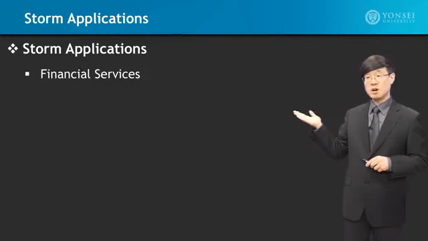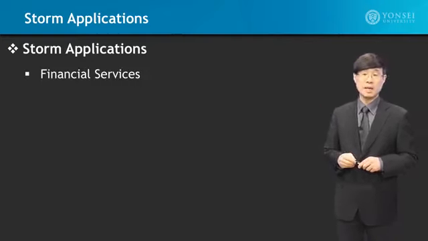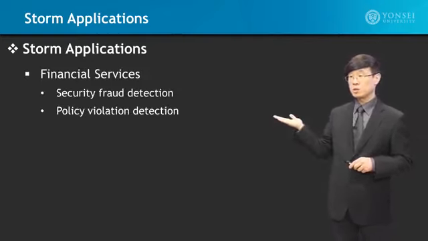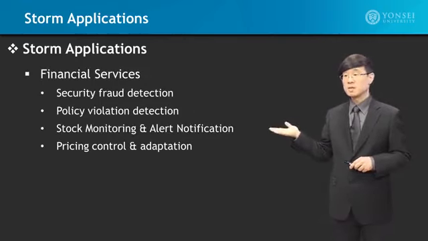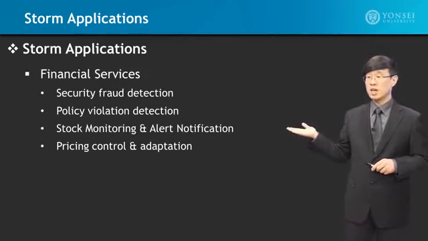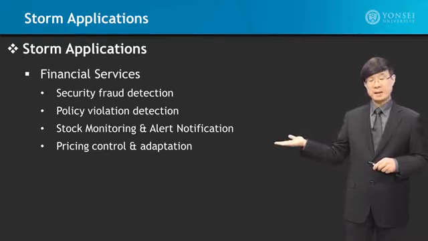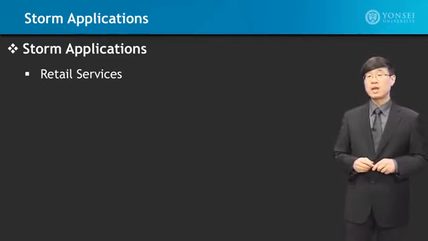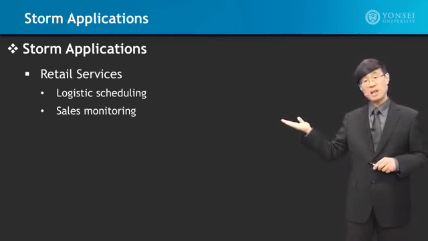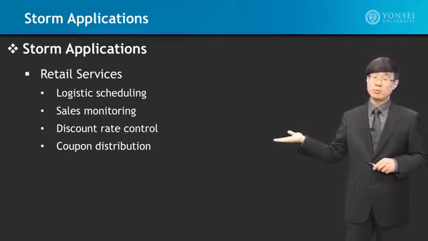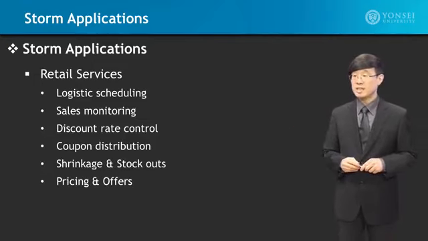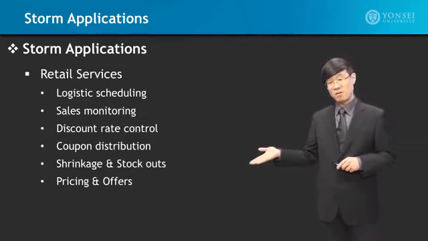Financial services are some of the major Storm applications, which include security fraud detection, policy violation detection, stock monitoring, alert notification, pricing control and adaptation. Then retail services, where logistics scheduling, sales monitoring, discount rate control, coupon distribution, shrinkage and stock outs, pricing and offers.